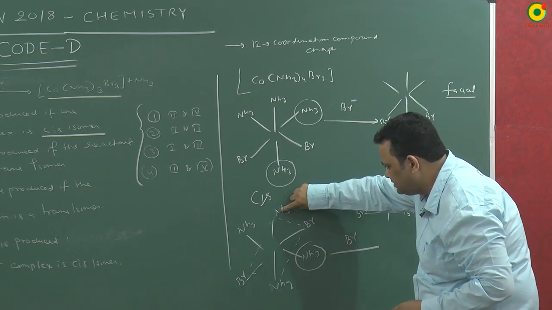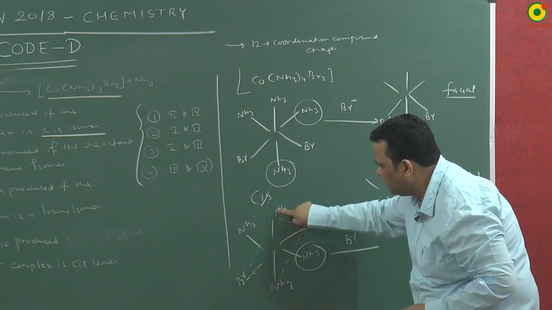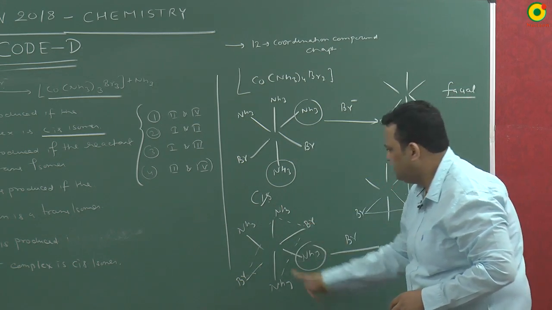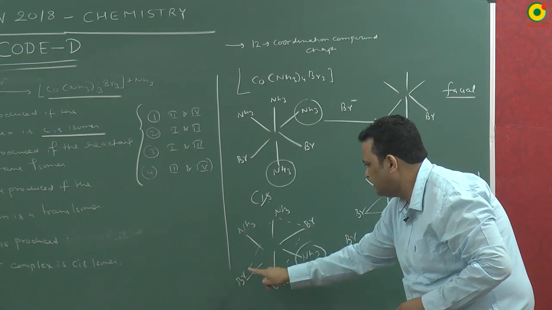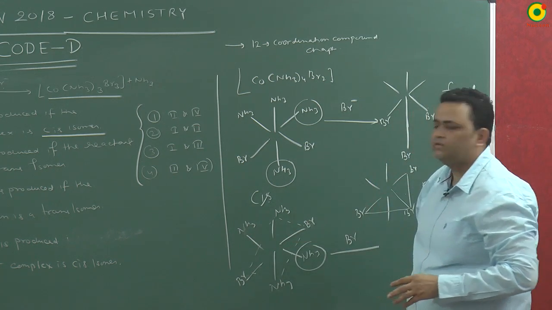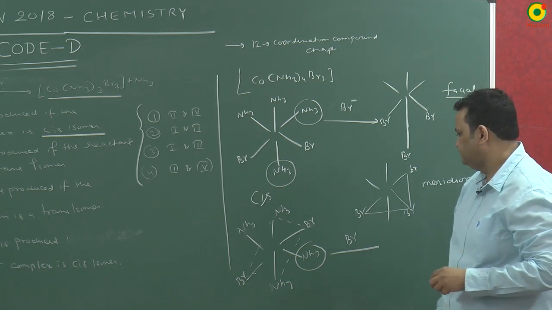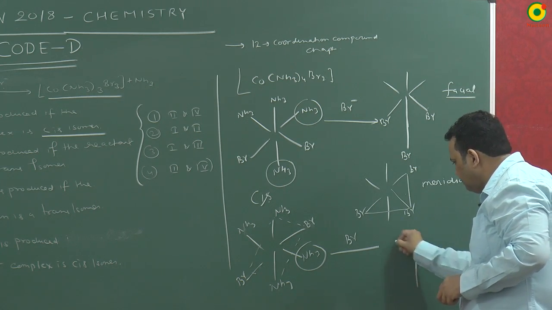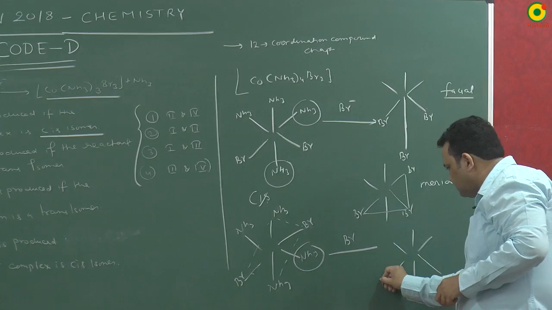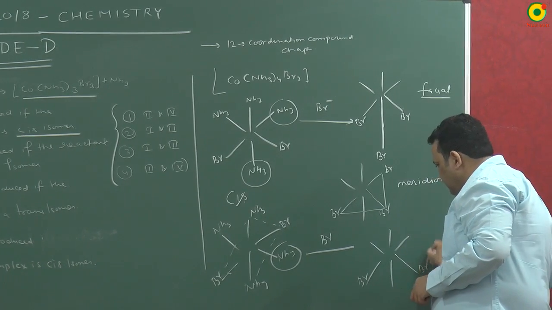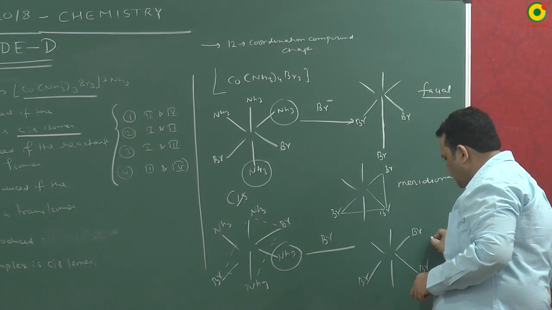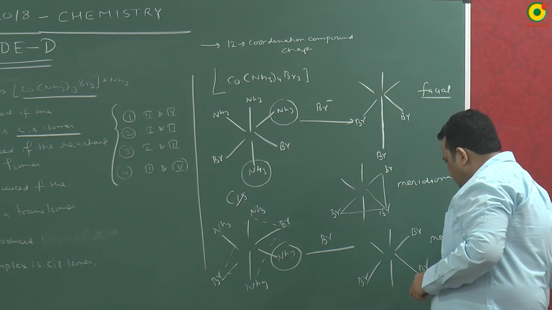If I replace this ammonia, again 3 Br will be in the same plane. If I replace this ammonia with Br, again 3 Br will be in the same plane. So in every case 3 Br will be in the same plane, which means only one meridional form is formed.